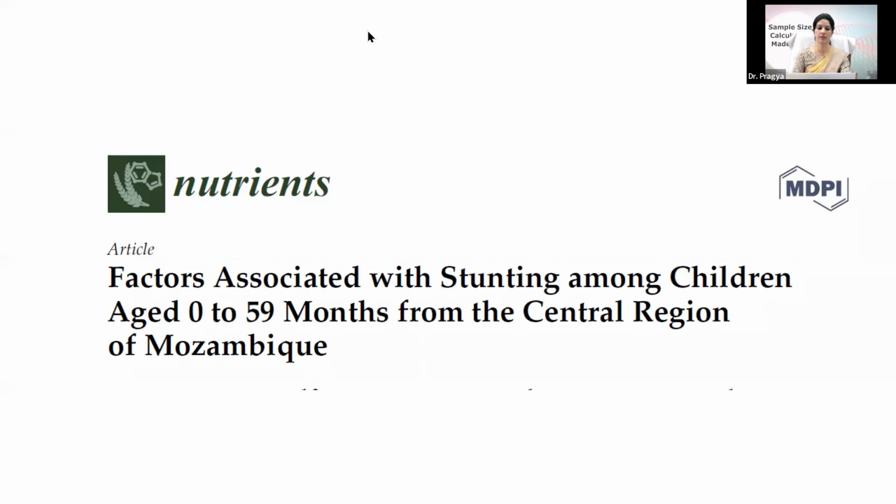So this is the question. What is the purpose of a control group in a case control study? These are the two options.